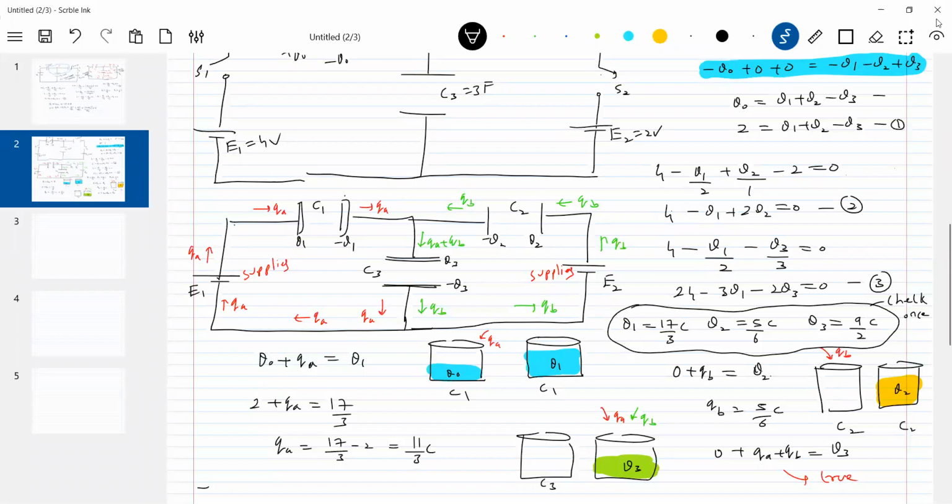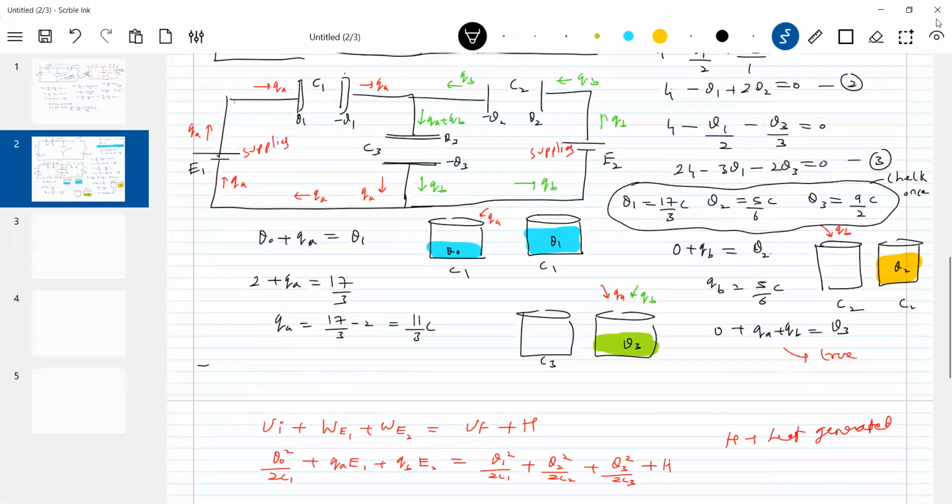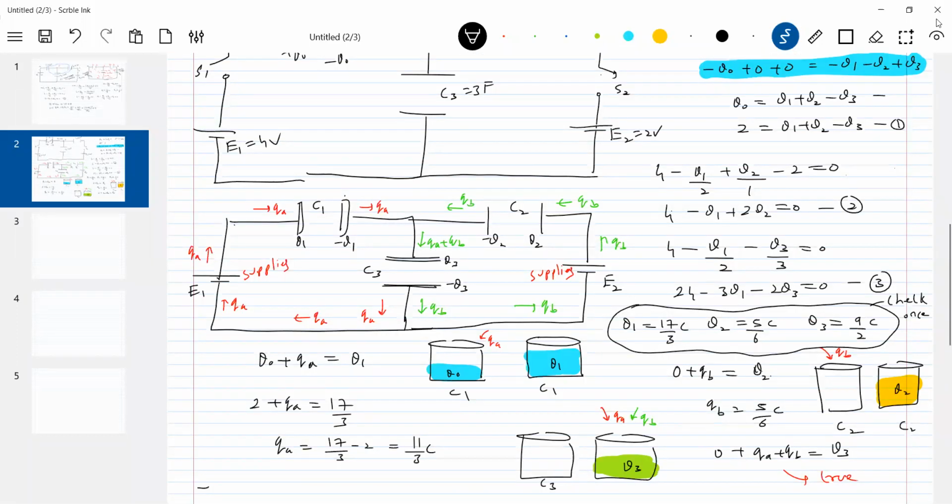Yes, sir. Check some mathematics. Maybe I think there's no concept for this. Sir, we are getting 3Q1 plus 2Q3 equal to 26, no, sir, from these values. Then how can it satisfy, sir? We'll get 24 equal to 26 then. Somebody check mathematics because I don't have any other concept here.